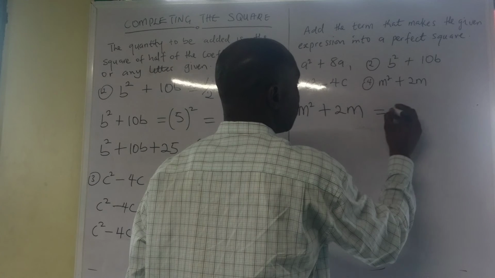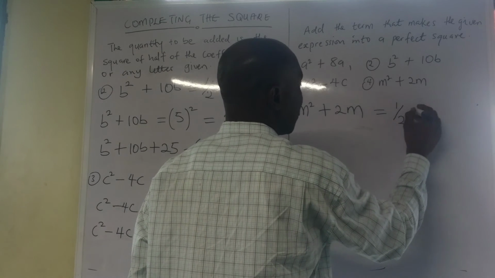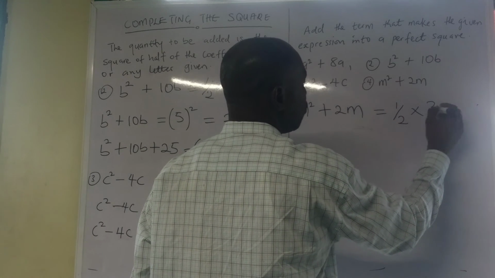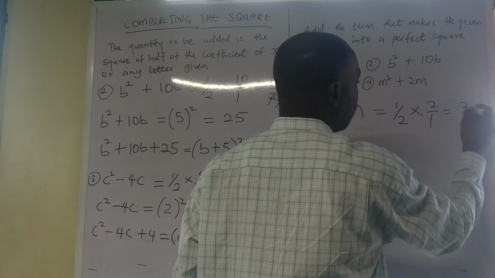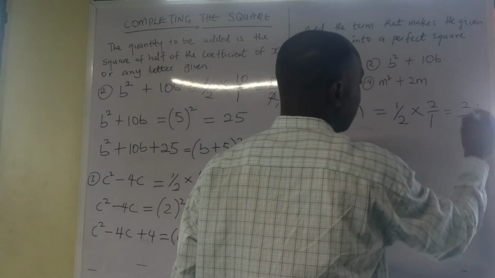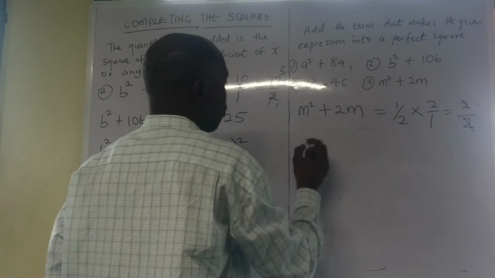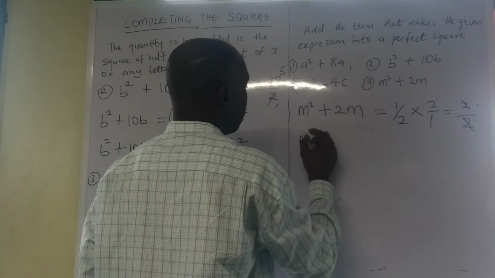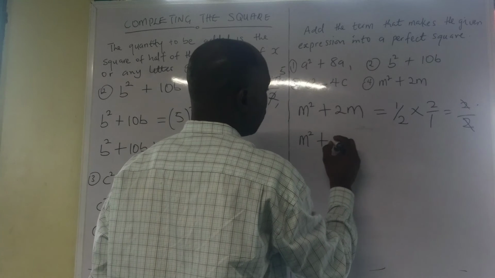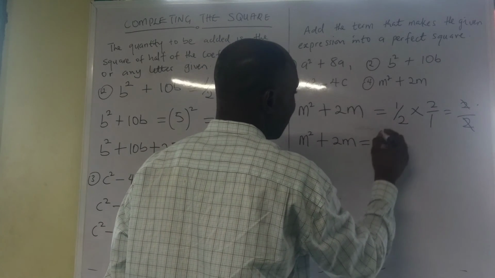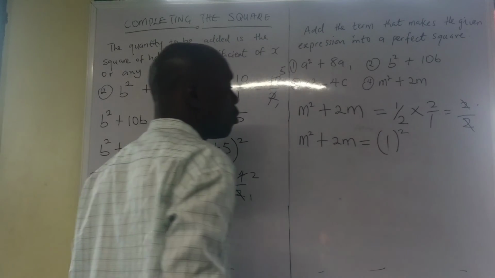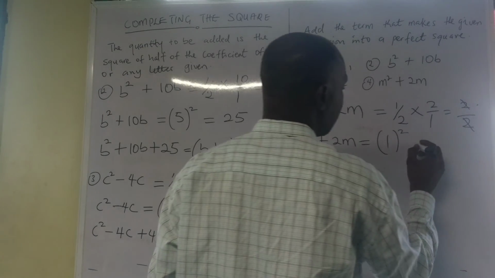So equals 1 all over 2 times 2 over 1. So 2 times 2 times 1, 2 times 1, 2. Here we have 1. So 1 squared, 1 times 1 is still going to give us 1.